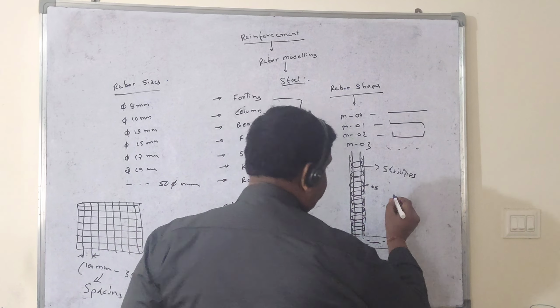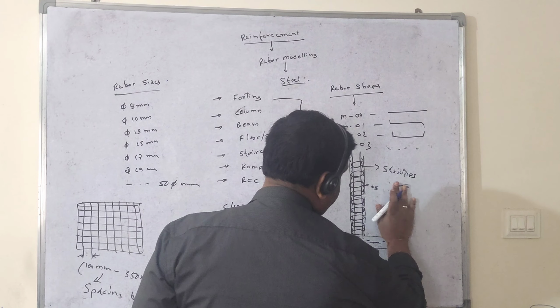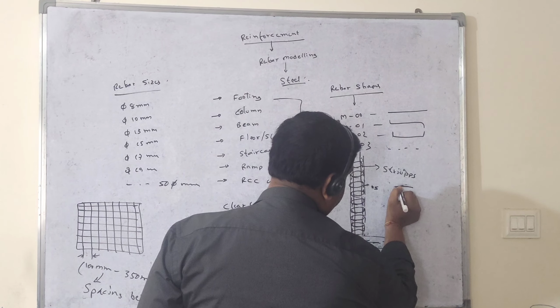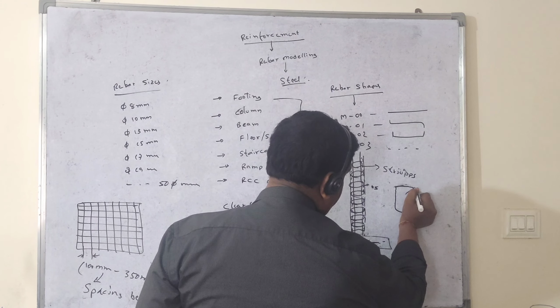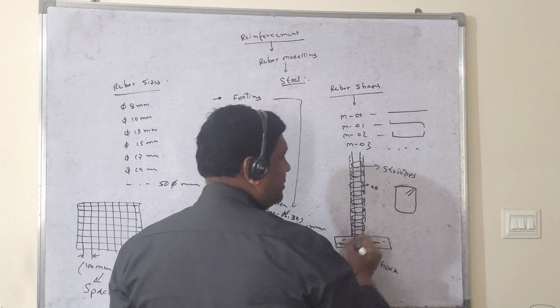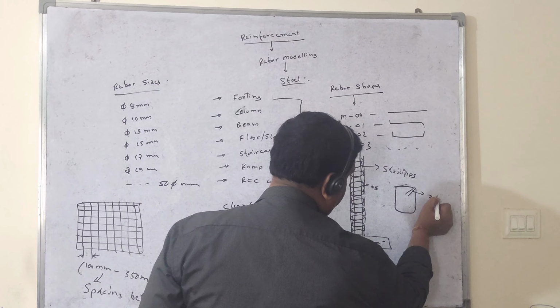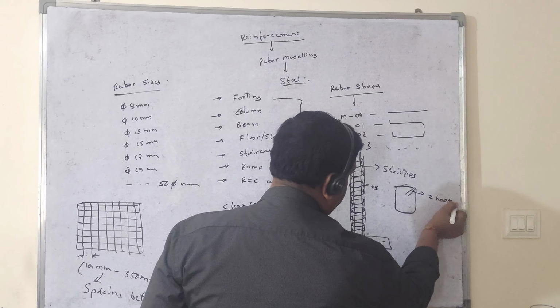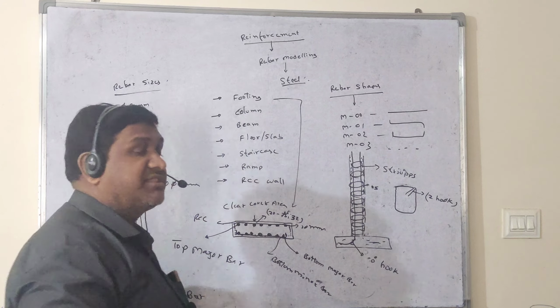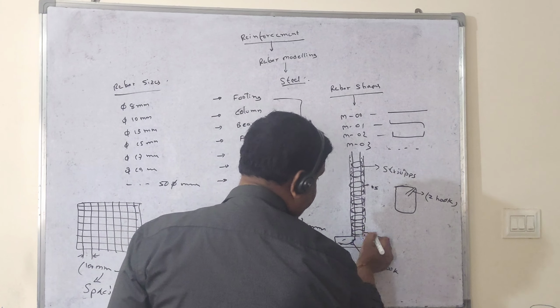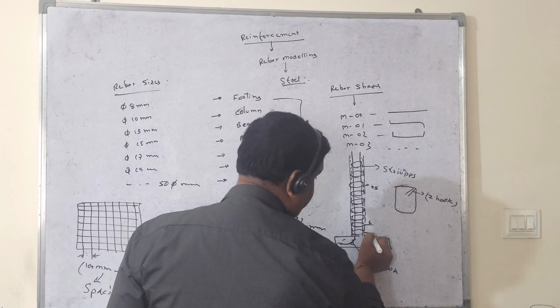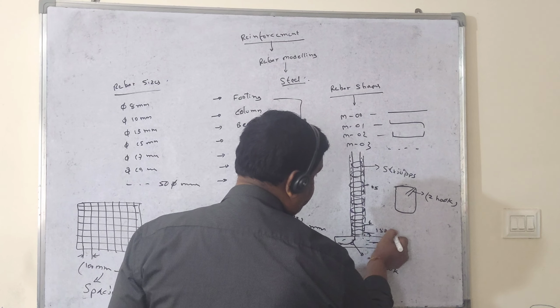If you see these stirrups, they look like that, and there will be two hooks. This we call a hook, two hooks. So like that stirrups also go. From one stirrup to another stirrup we keep a spacing of 150 mm.